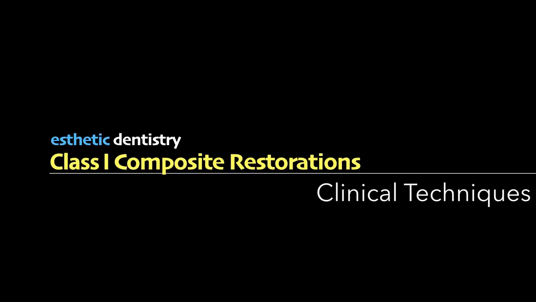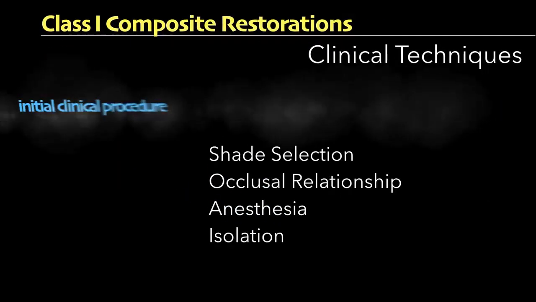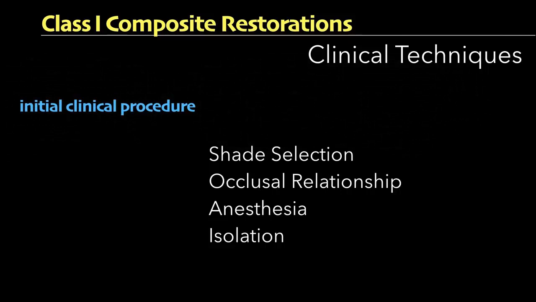Okay, let's discuss the clinical techniques of Class I composite restoration. The initial clinical procedure, the first and most important step, is the shade selection. The shade of the tooth should be determined before the teeth are subjected to any prolonged drying, because dehydrated teeth become lighter, brighter in shade, and they decrease in translucency.